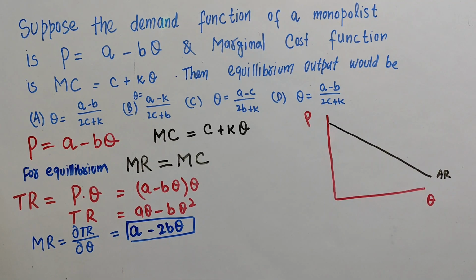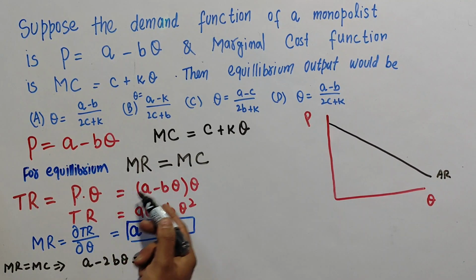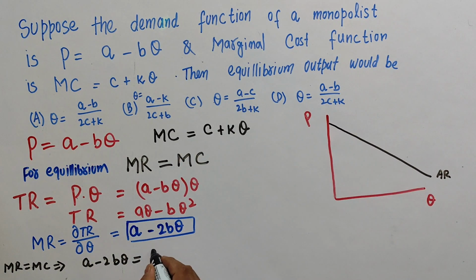Now equilibrium requires that we equate marginal revenue with marginal cost. So A - 2BQ equals the marginal cost, C + KQ.